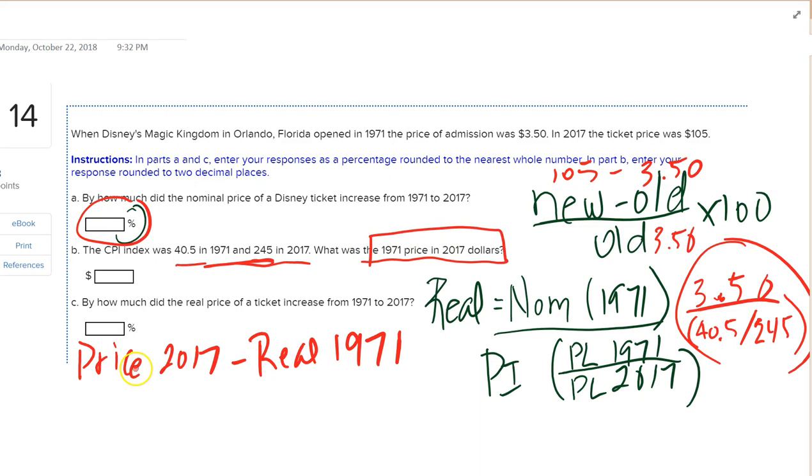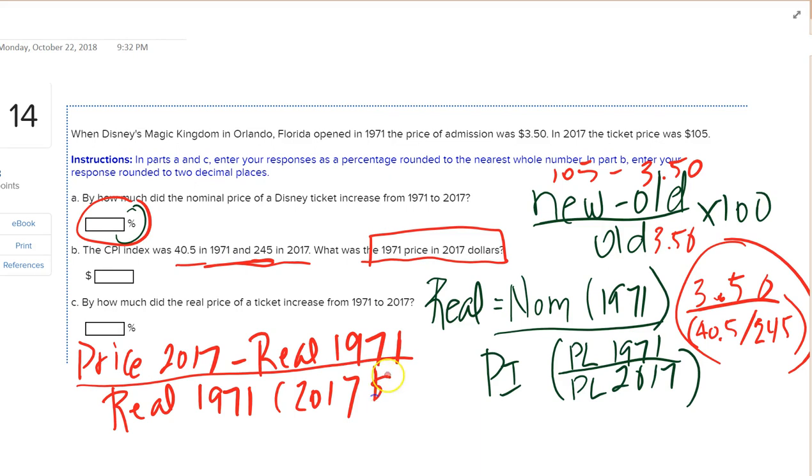Okay, so we're going to take the price in 2017, the ticket price, the nominal, minus this value that we just calculated. Then we're going to put all of that over this. You see it's new minus old over old, right? And so we're going to do that over the real 1971 in 2017 dollars, and multiply it by 100.